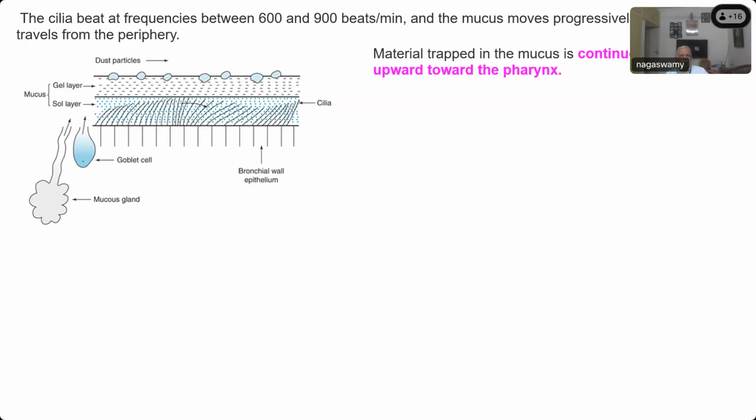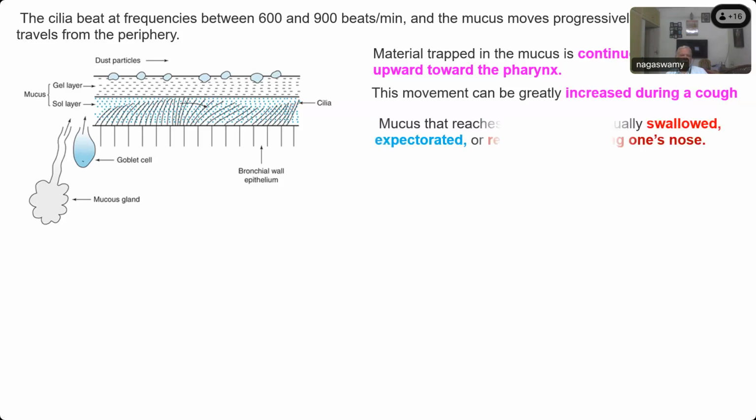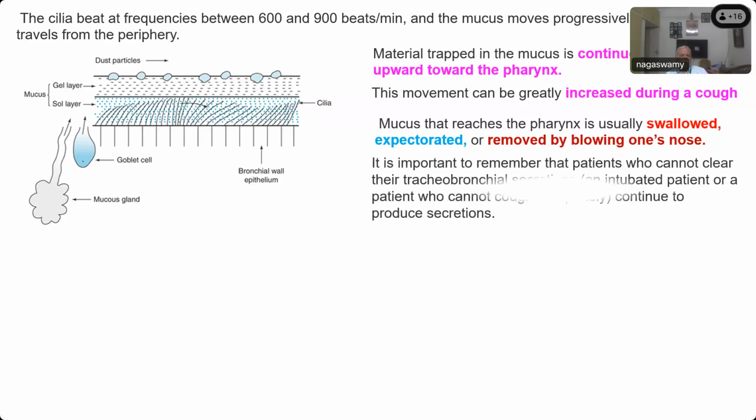So material trapped in the mucus is continuously moved upward toward the pharynx. This movement is greatly increased during coughing. And the mucus that reaches the pharynx is either swallowed, expectorated, or removed by blowing one's nose.